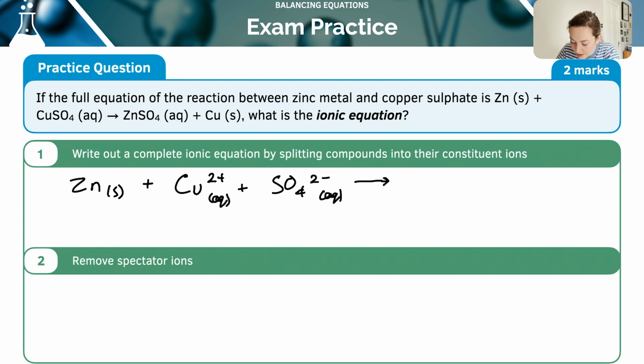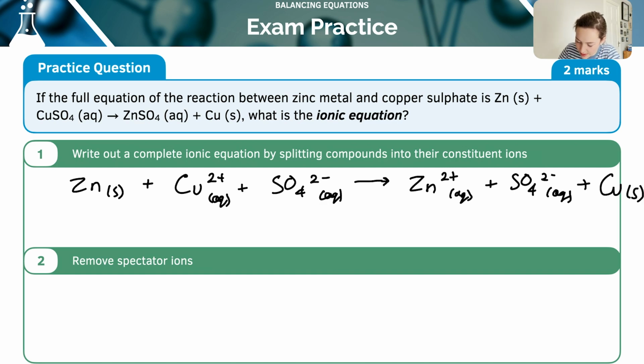And that's going to give me zinc 2+, which is of course aqueous, plus SO4 2-, because on this side, this is aqueous zinc sulfate, so therefore we are going to split them up. When something is anything other than aqueous, we don't touch it, we leave it as it is. If it's aqueous, we split it up, plus Cu solid, so copper solid.